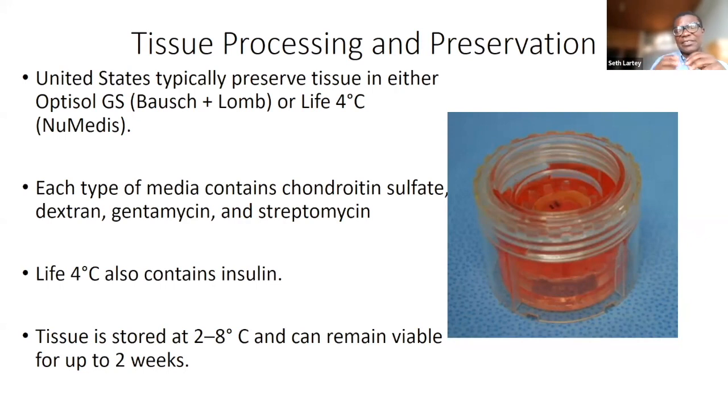These contain antibiotics, gentamicin and streptomycin, infused into chondroitin sulfate and dextran. They also contain insulin. These tissues can be stored at 2 to 8 degrees, so you need a cold chain. You don't want to lose your cold chain. And they can be viable if you keep your cold chain for up to 2 weeks.